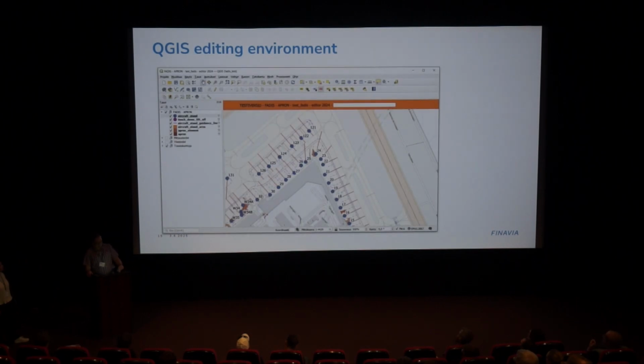The QGIS editing environment is nothing very different from what you have seen. We have different projects for different layers, and of course development, testing, and production versions, and you can see that this is from the test environment.